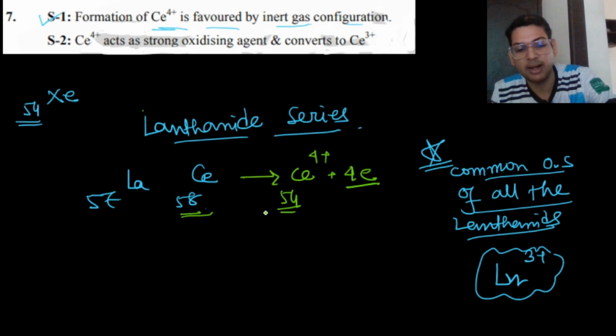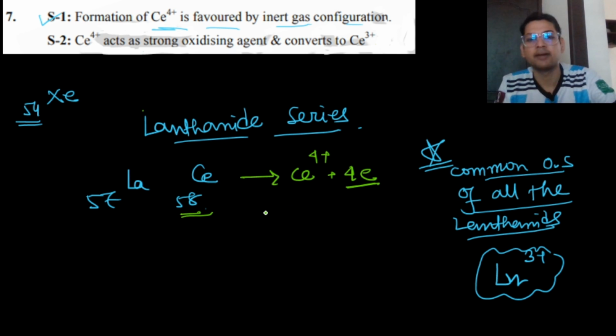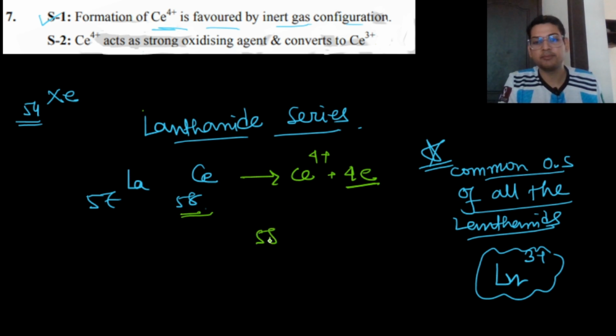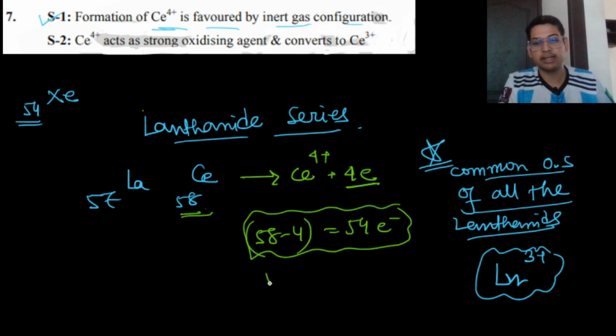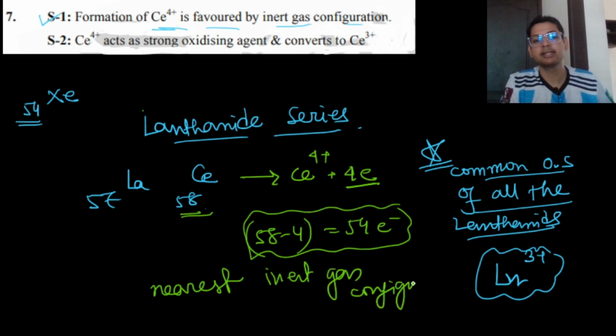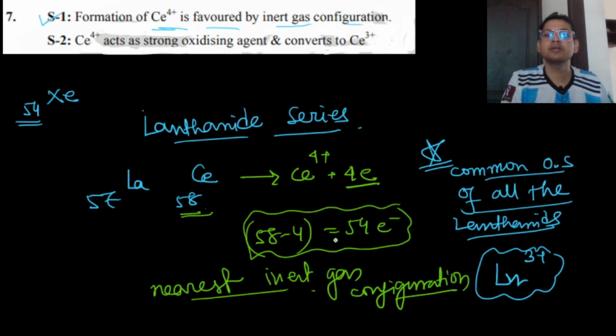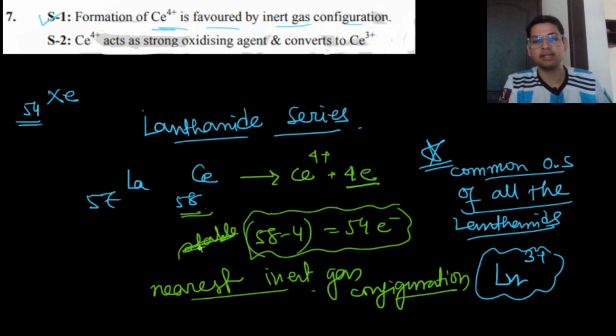So 58 minus 4 electrons, so it will be 54 electrons. Yes, so cerium 4+ is easily achievable because it is having an inert gas configuration, and that is quite stable. So S1 is correct.